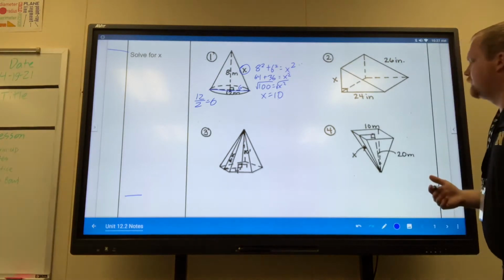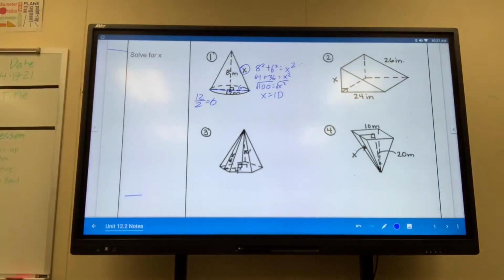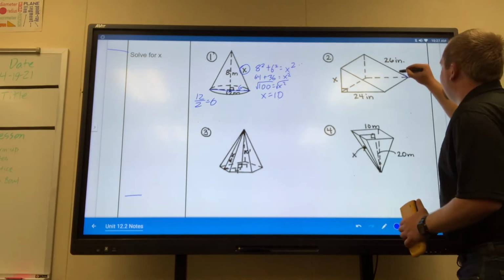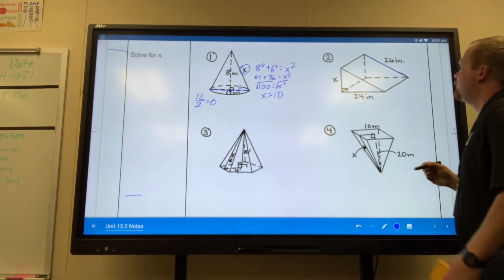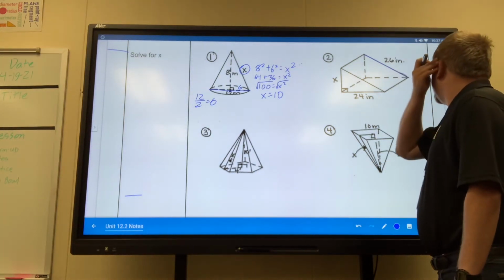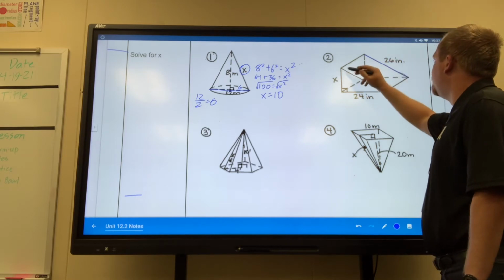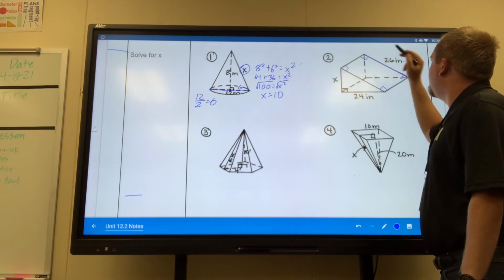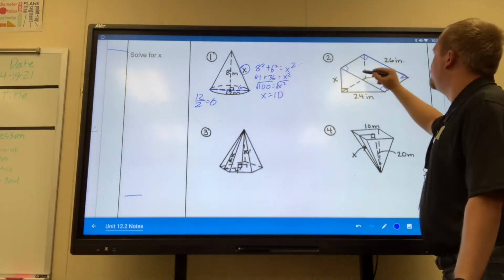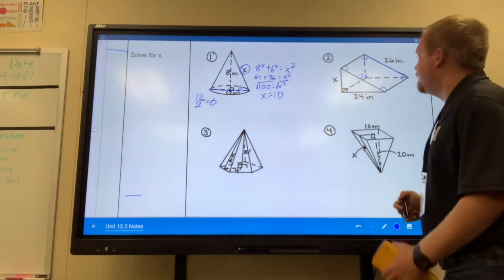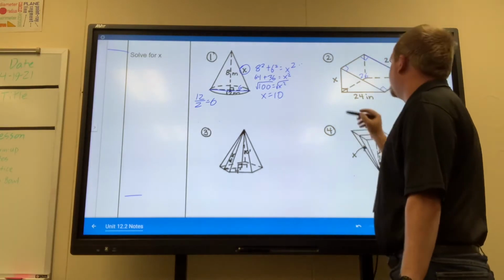Now, what about number 2? Well, this is a pretty simple one, except that this length right here is 26. More likely, they're going to be the same length, since they have the same base, considering these are all rectangles here. So this is going to be 26 as well. We should be able to find the length using Pythagorean Theorem.